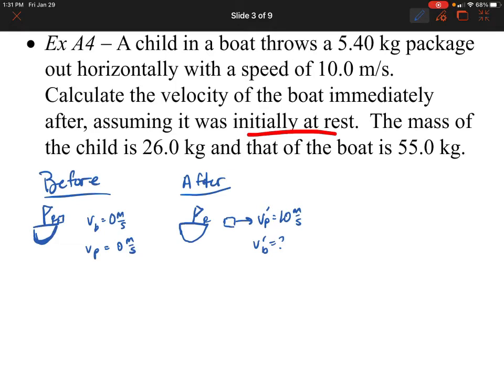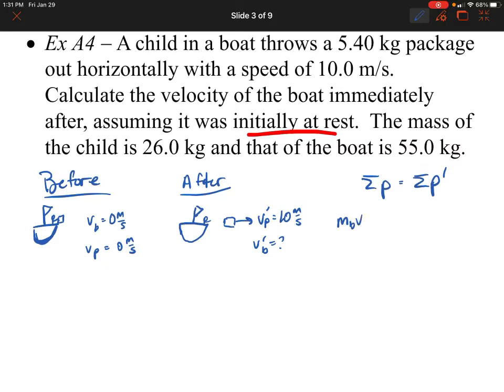Okay, of course, I also need a positive direction and negative direction, so we will do that. But when I'm looking at my conservation of momentum, again, the sum of momentums before is equal to the sum of momentums afterwards. Again, I put that little tick there to say that that's afterwards. It's all one system before, but we're still looking at two different things.